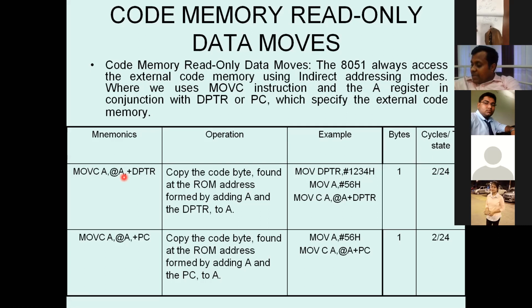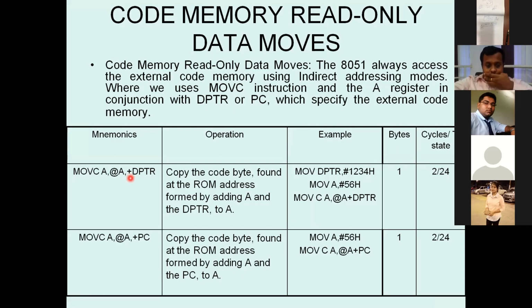Say the content of that particular memory location, 1030H, is AB. This AB will come into the accumulator. Means the content of accumulator and content of DPTR are added together because you see the plus symbol. Then the content of that particular memory location will be copied into the accumulator.